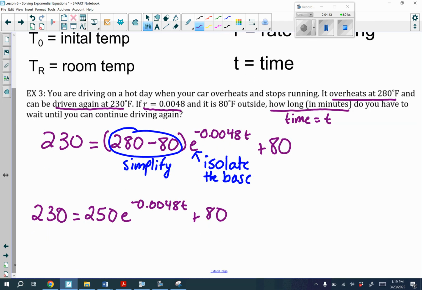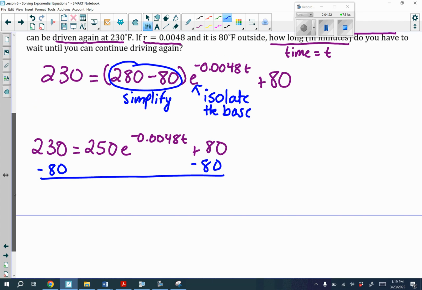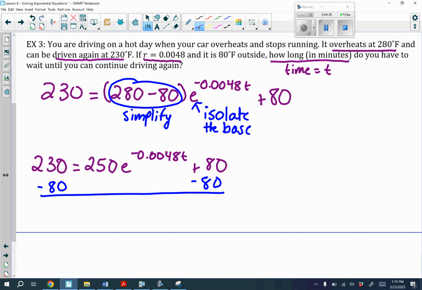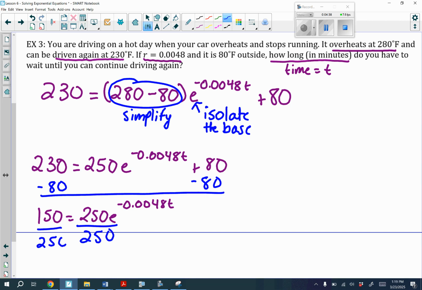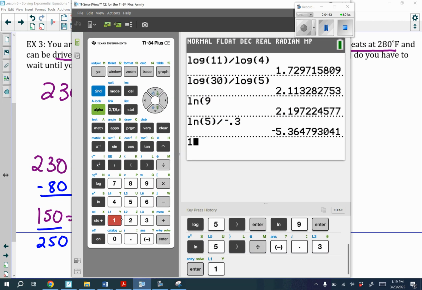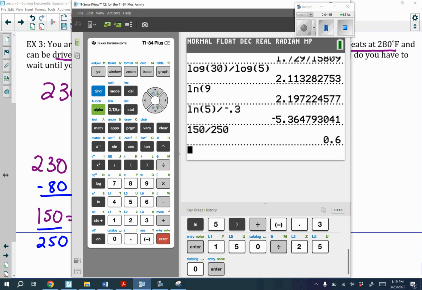Now, continuing on, I'm going to add or subtract first. In this case, we are going to subtract 80. So we should get about 150 equals that 250e. Next I'm going to divide both sides by 250 to get that e by itself. Now, actually, when you plug this in, the 150 and 250 give us a decimal that terminates.